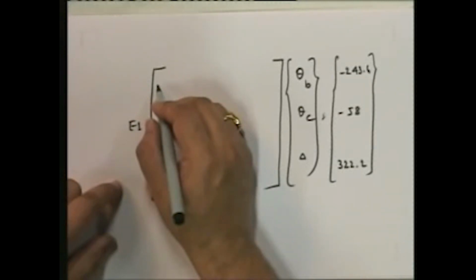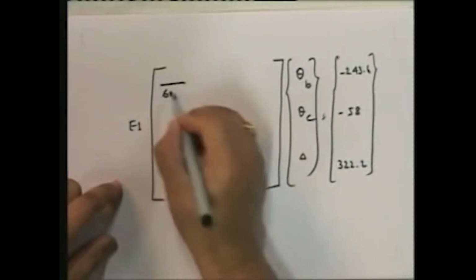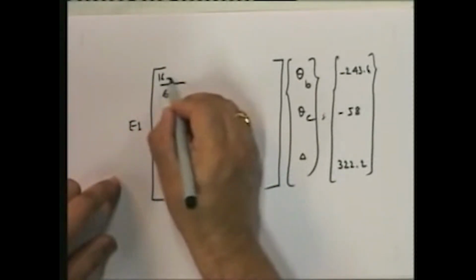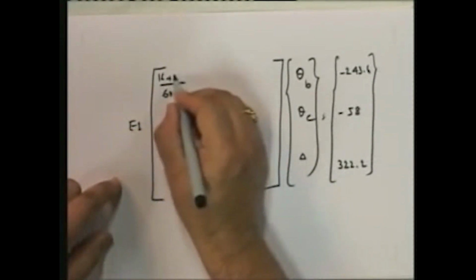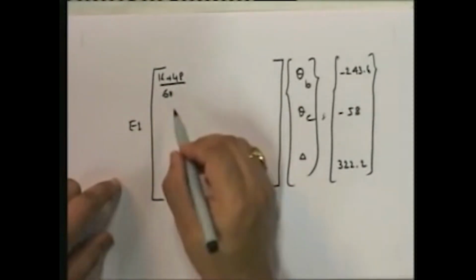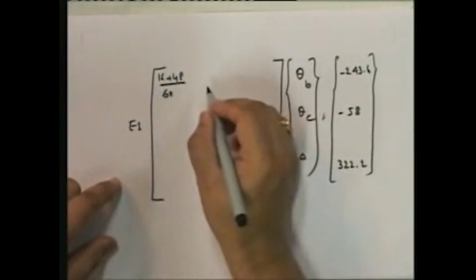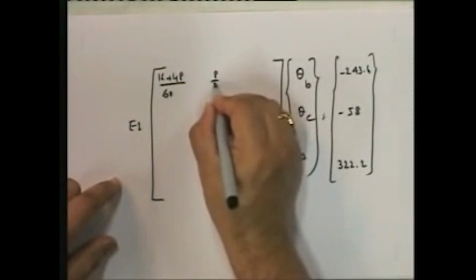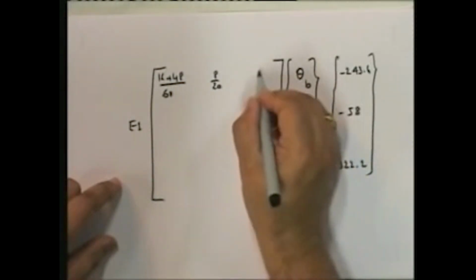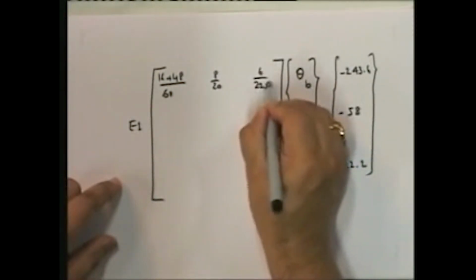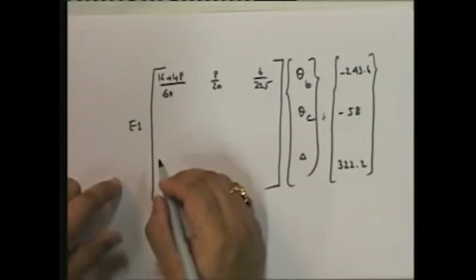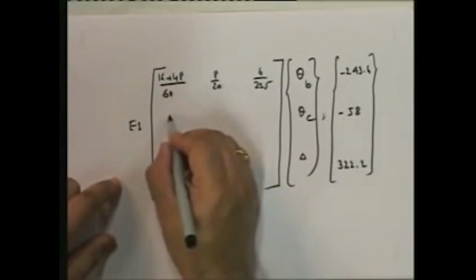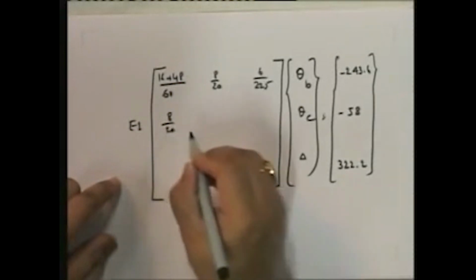So 60. So this is by 60. This is 16 plus 48. So 64 by 60. This is going to be 8 by 20. This is going to be 6 by 225. This is going to be 8 by 20.